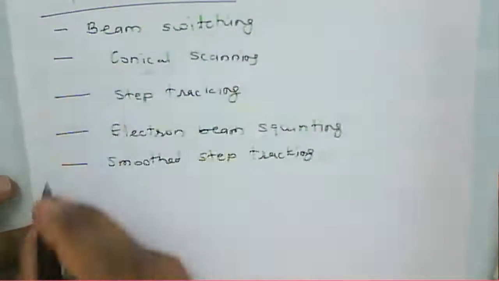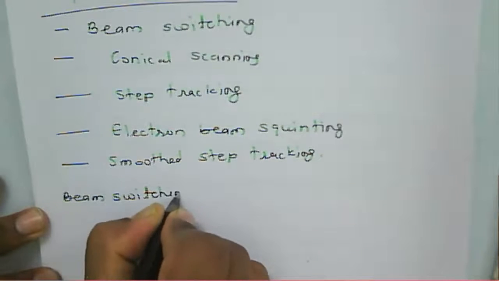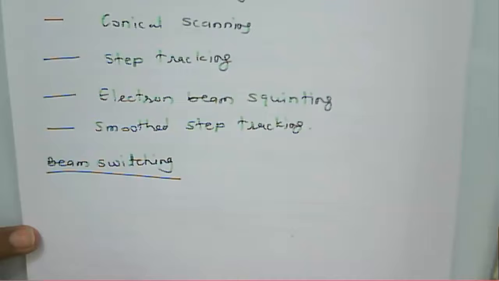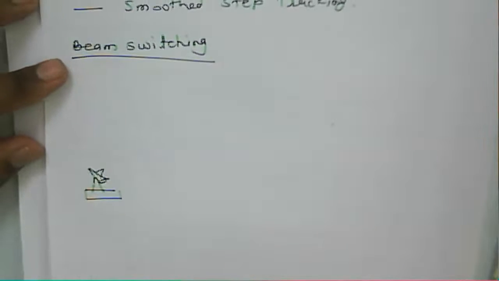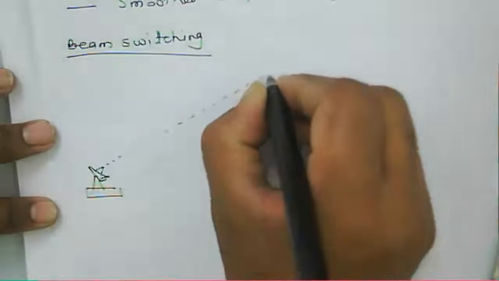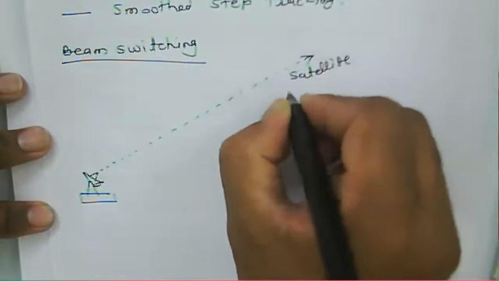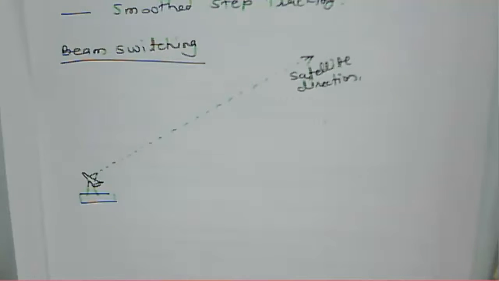Now, in the case of beam switching, for the given earth station, we should know the satellite direction.